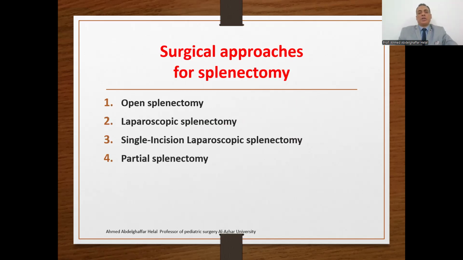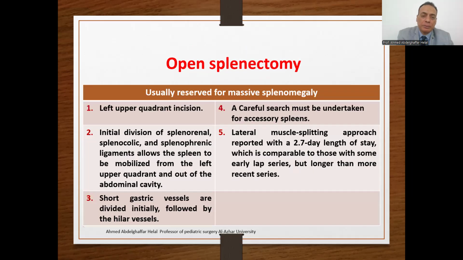Now we will speak about the surgical approaches for splenectomy. Pediatric surgeons have open splenectomy, laparoscopic splenectomy, single incision laparoscopic splenectomy, and partial splenectomy. Let's see. Open splenectomy is usually reserved for massive splenomegaly or depends on the surgeon's experience. You perform a left upper quadrant incision, followed by division of the ligaments, ligation of the short gastric vessels, searching for accessory spleen, and ligation of the splenic pedicle and blood supply.